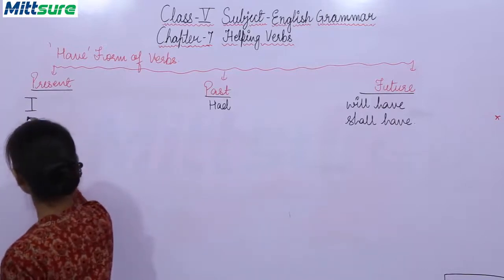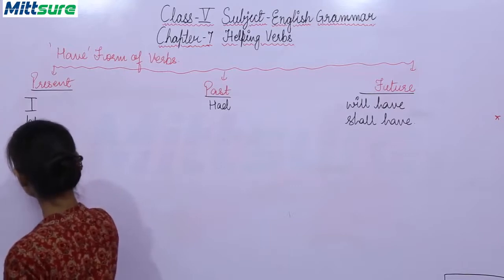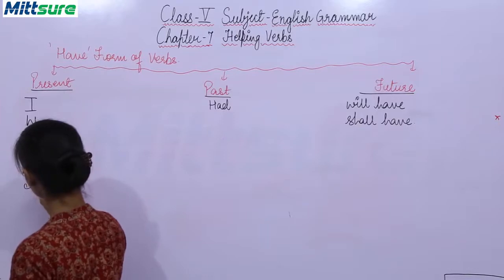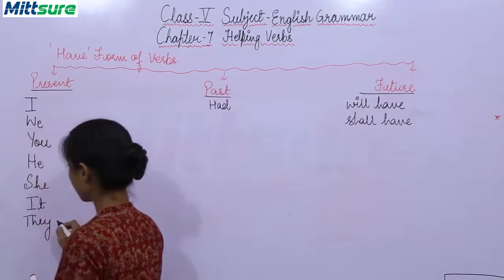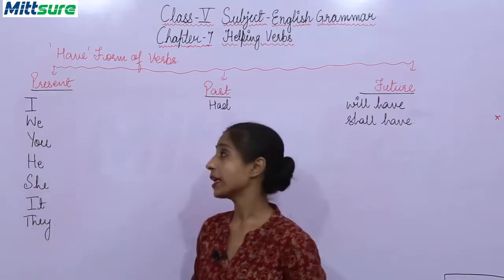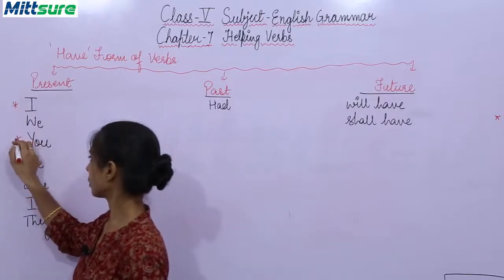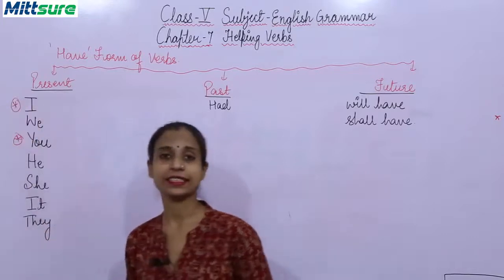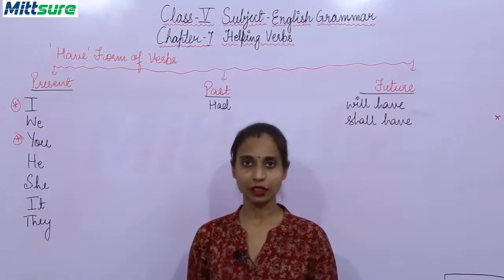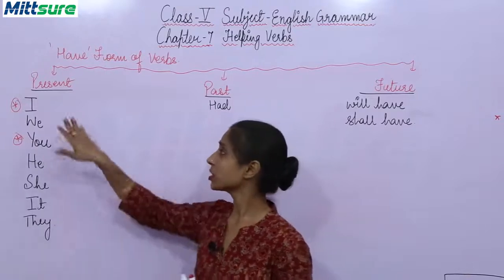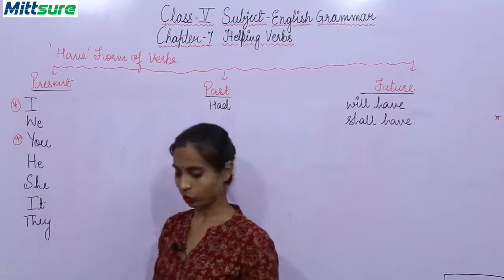I, we, you, he, she, it, they. Like do forms of verbs, here also I and you act as exceptional cases. I, being a singular pronoun, always uses a plural verb. All right. So with I, we are going to use have.